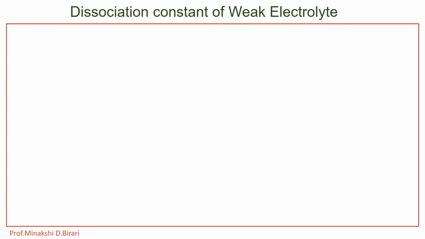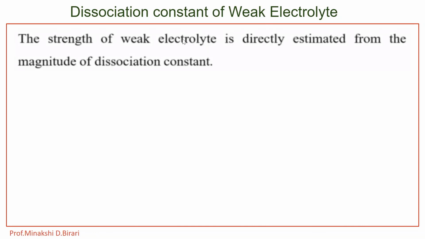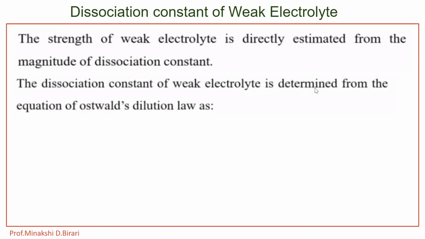Then the third application of Kohlrausch's law, that is dissociation constant of weak electrolyte. The strength of weak electrolyte is directly estimated from the magnitude of dissociation constant, and the dissociation constant of weak electrolyte is determined from the equation of Ostwald's dilution law. So what is that?